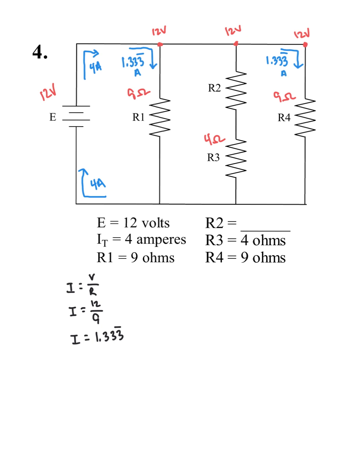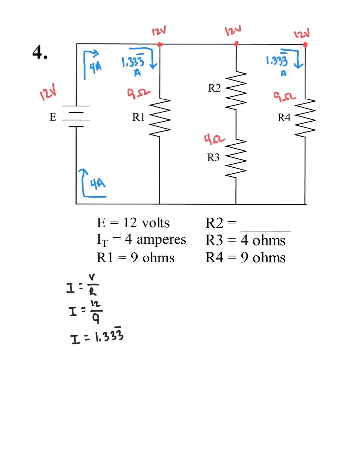Okay. Looking at the following branch with R2 and R3, there's something curious here. I know I have a total of 4 amps going through this unit, and if I add up the amps going through the first branch and the last branch with R1 and R4, I end up with 2.6666 repeating amps.